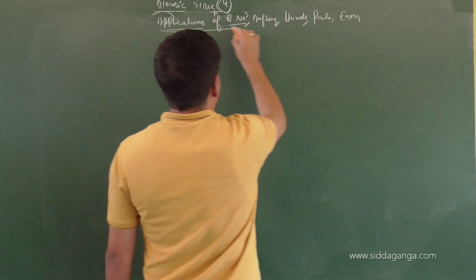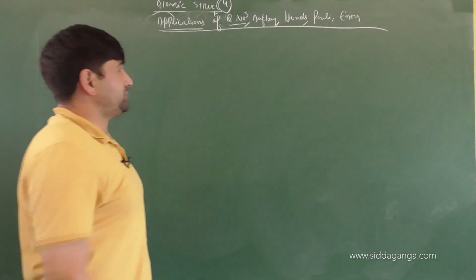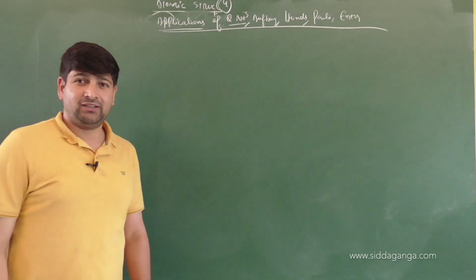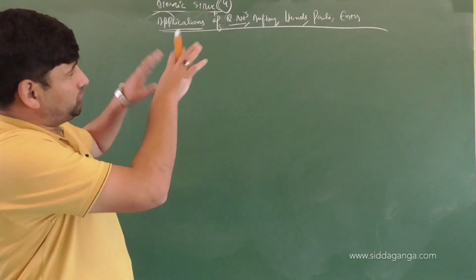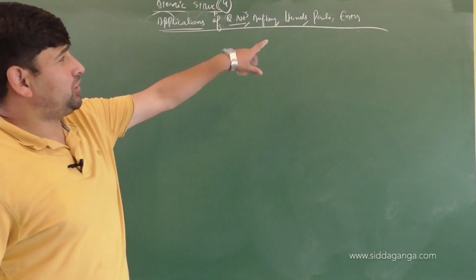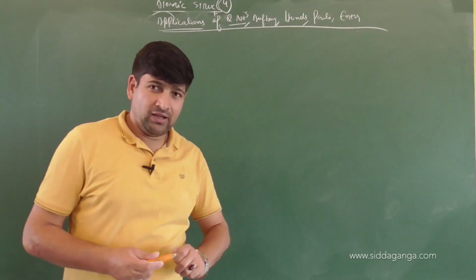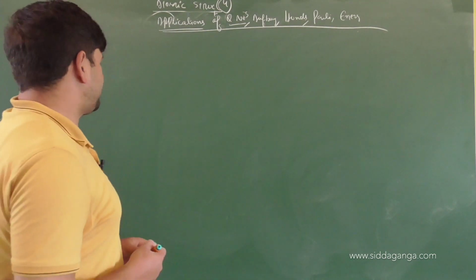So we have applications of quantum numbers, Aufbau method, Hund's rule, Pauli's method, and energy considerations. So many examples we'll do on the basis of this. Correct, children? Yes. Let us start.